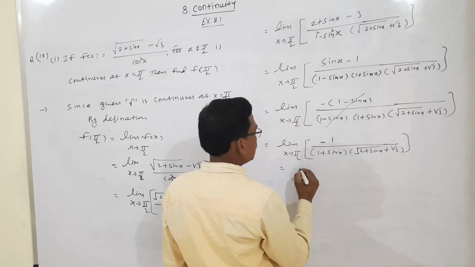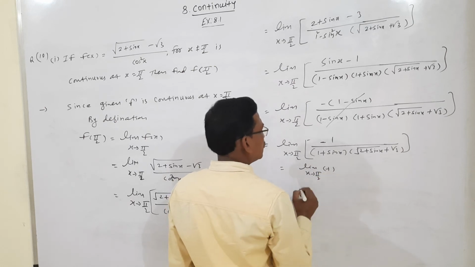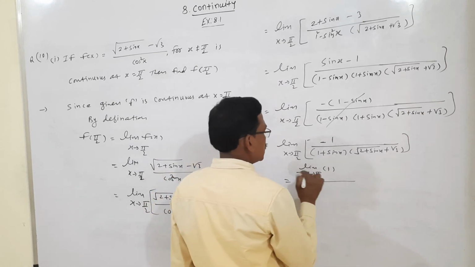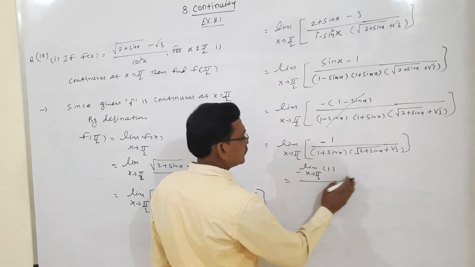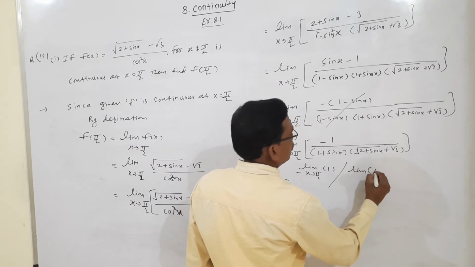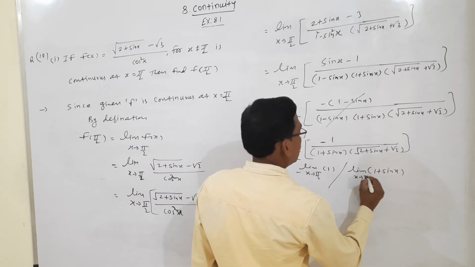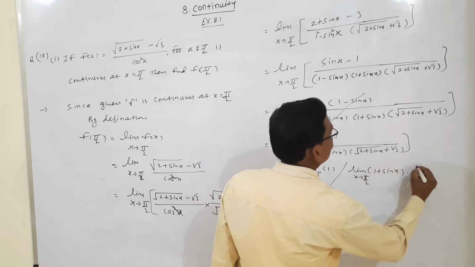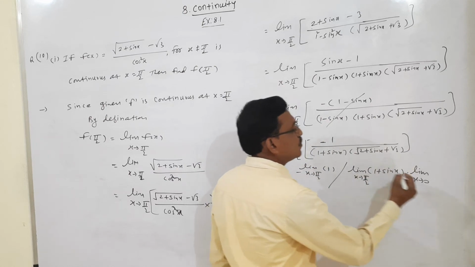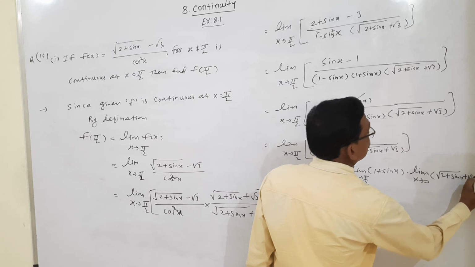Now apply the limit separately. Limit as x tends to pi by 2. Take this minus 1 before the limit, and in the denominator, the limit of 1 plus sin x as x tends to pi by 2 into the limit as x tends to pi by 2 of under root 2 plus sin x plus root 3.